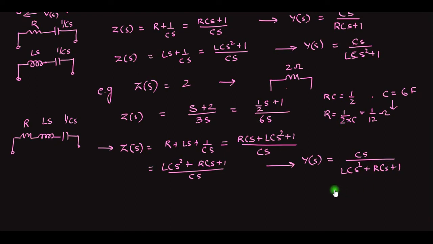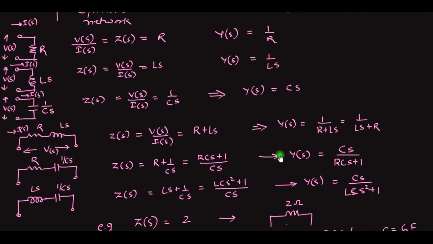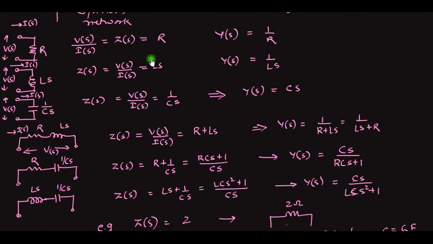Let us try to draw some conclusions from all these network functions. Let us start with the resistive network. Here the network function of a resistance is equal to R only. It does not have any S term.